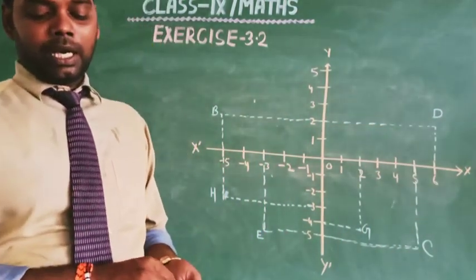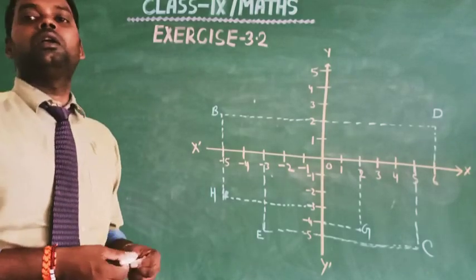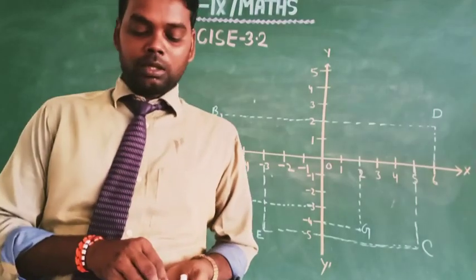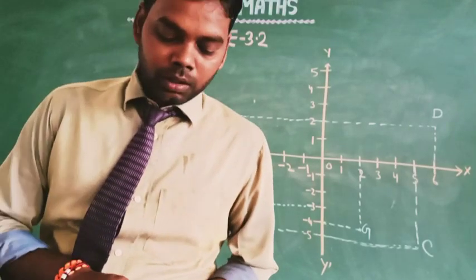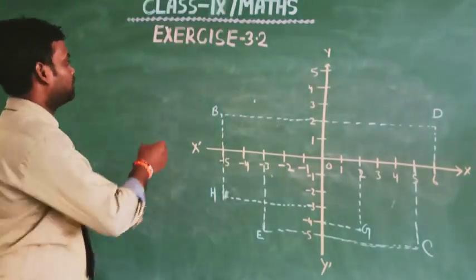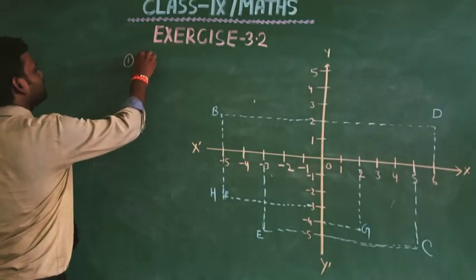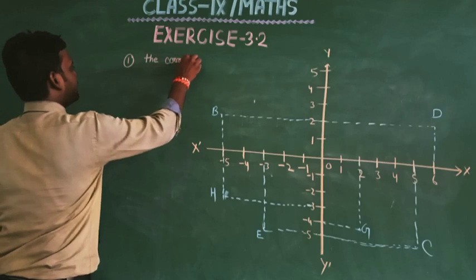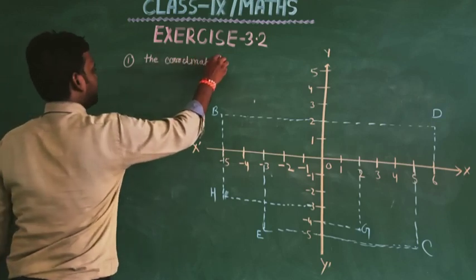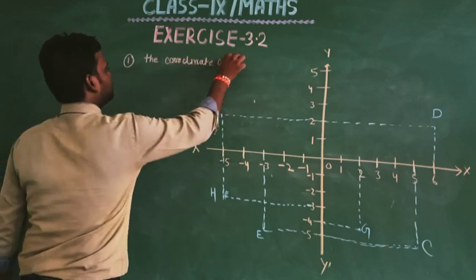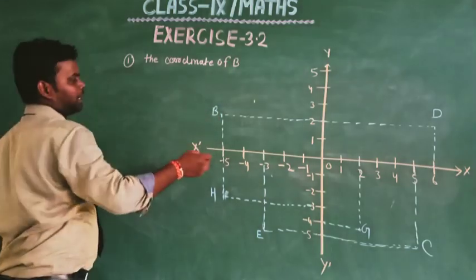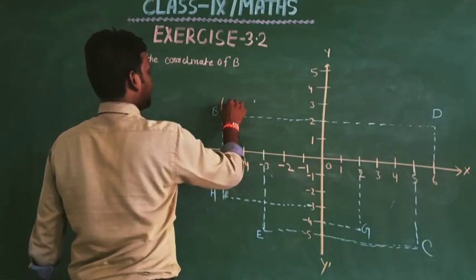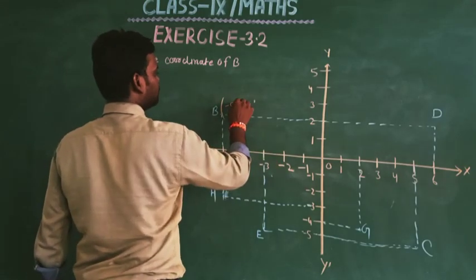We have to see the figure and write the answers of the following. The first part is the coordinate of B. The coordinate of B is minus 5 comma 2.